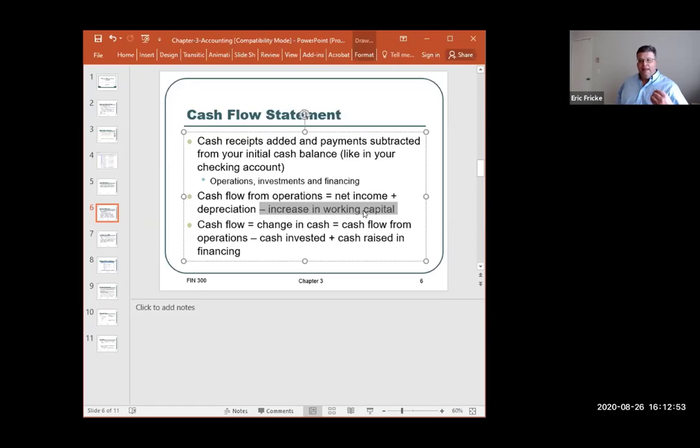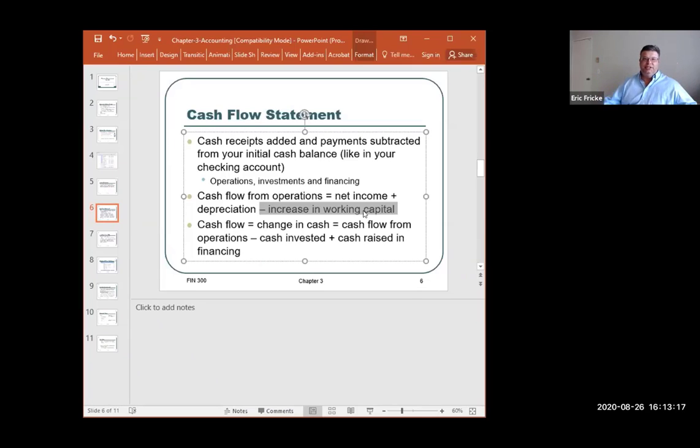Okay? So let's say we increase inventory. What does that do to our cash flows, assuming we paid for it already? If we increase inventory, we had to pay money for that. That means our cash goes down, right? So increasing inventory reduces cash.